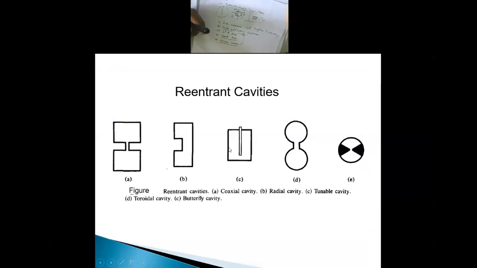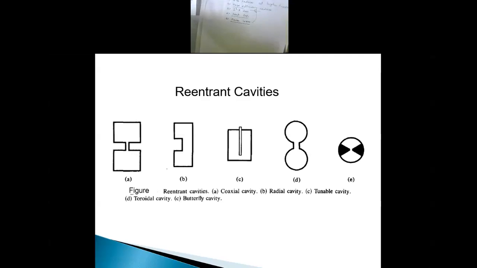So we can reduce the length of this particular plate or cathode. That's about the effect of transit time.